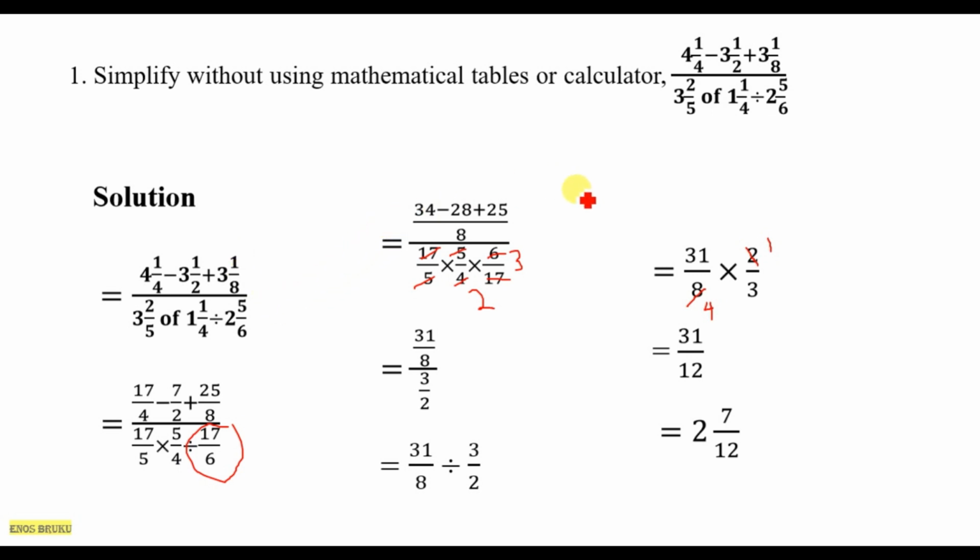To tackle this question and get the full marks, you need to go through the steps. You don't start from here and then jump straight to this side. No, you have to go through the steps. Good. So that is the end of the video.